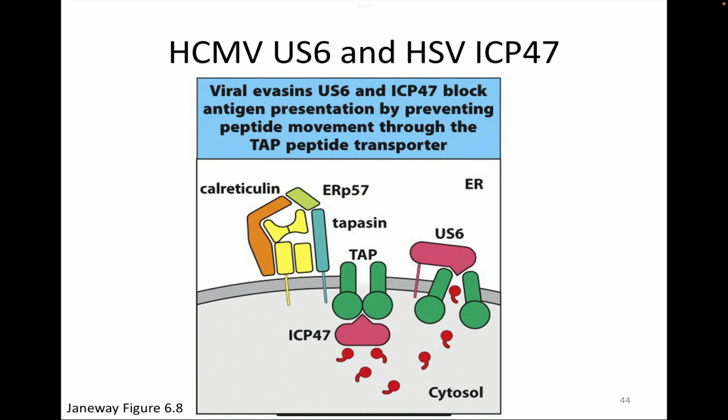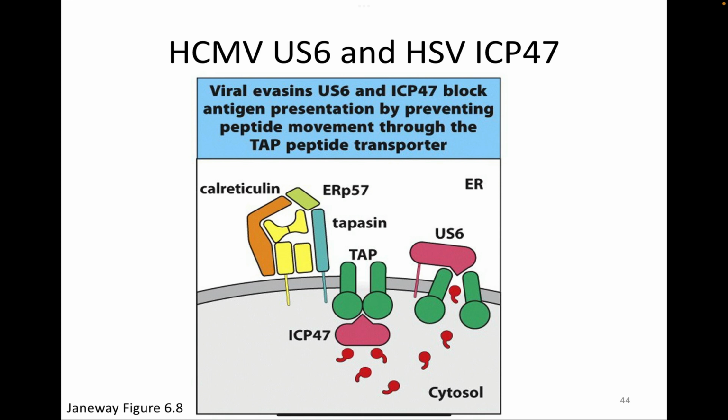The old standbys are these two proteins called US6 and ICP47. They're from either viruses called HCMV or HSV. You don't need to know which viruses or any of that. Just think about the mechanism, because it's going to tell us something important.